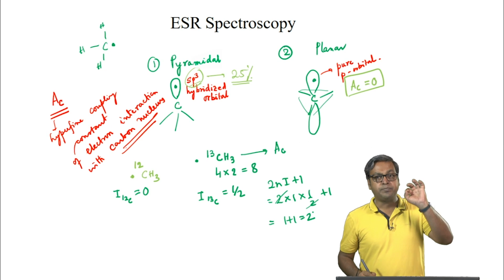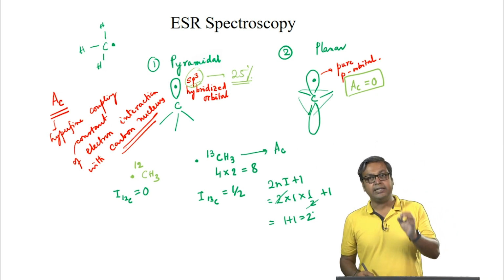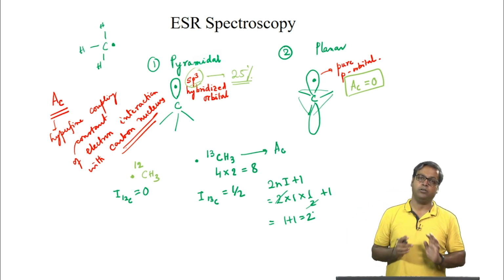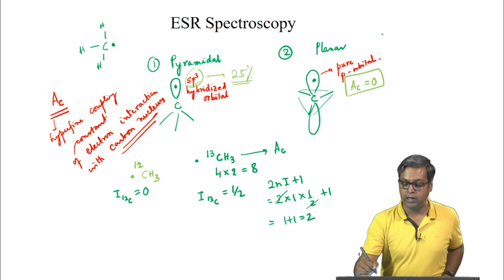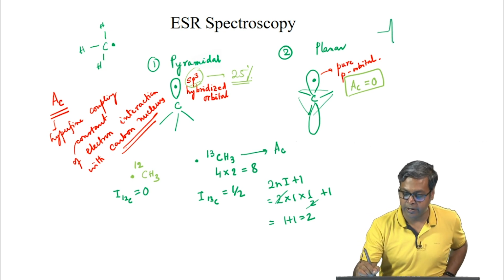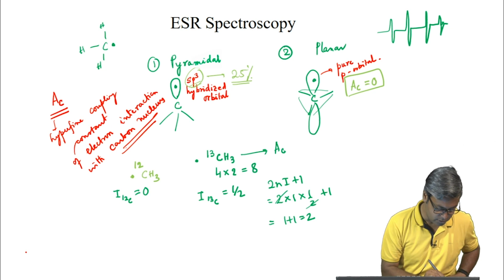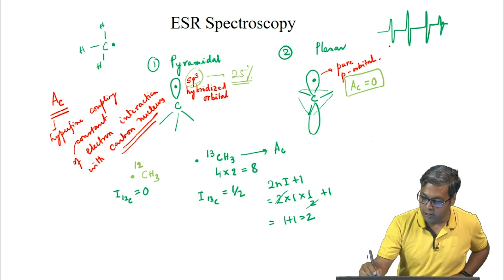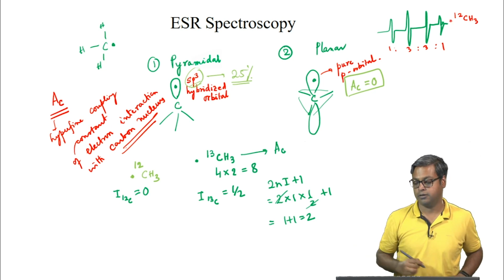So, from the experiment, it comes out that A C has a very, very small value. How can we find that? Let us say we have this spectrum, which is in the ratio of 1:3:3:1, and this was for the 12 carbon methyl radical.